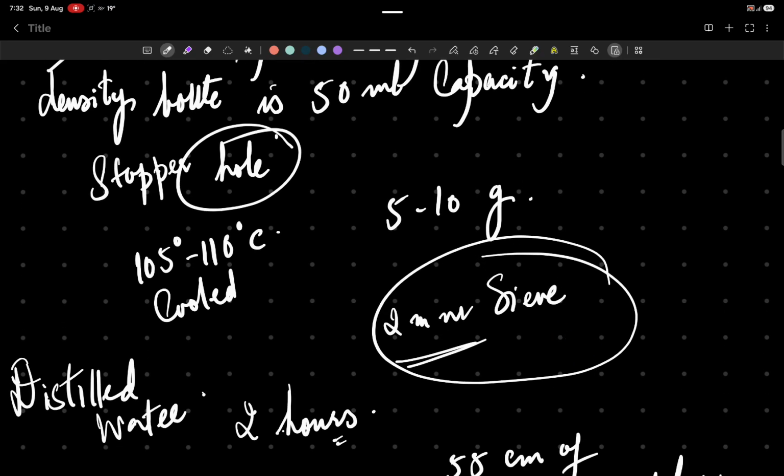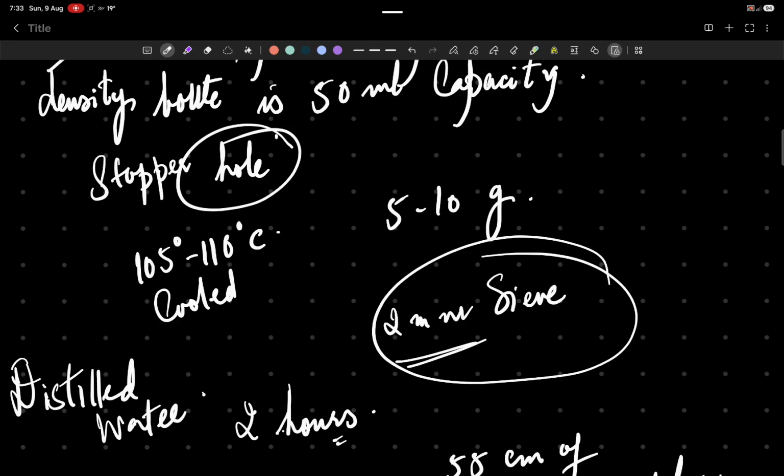That's how we take the oven dried soil and weigh it, then add the distilled water, make it half full, then full, then remove the entrapped air either by applying a vacuum pressure of about 55 centimeters of mercury for about 1 hour in a vacuum desiccator, or alternatively by gentle heating.